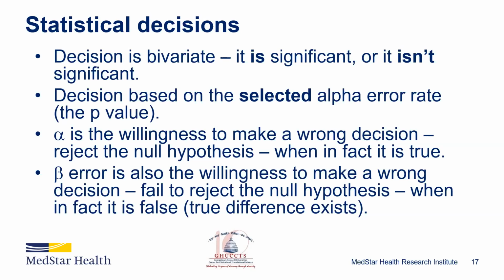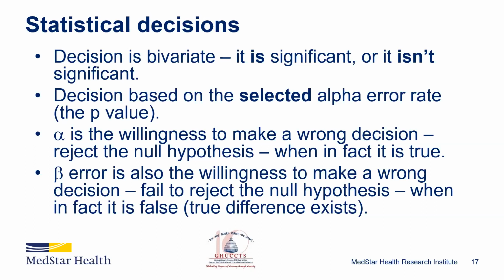And so you can see that when we make statistical decisions, we have actually two kinds of errors that we can make. And they're referred to as the alpha error and the beta error. And the alpha error is the willingness to make a wrong decision. That is, we reject the null hypothesis when in fact the null hypothesis is true.